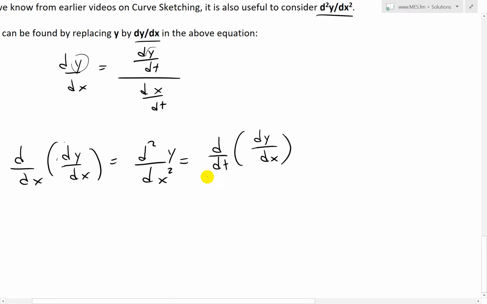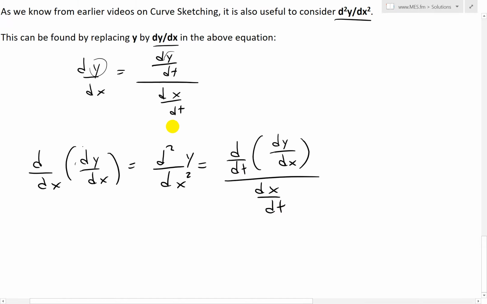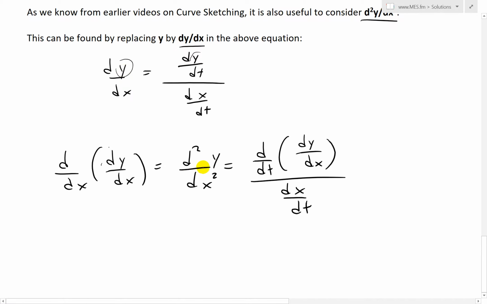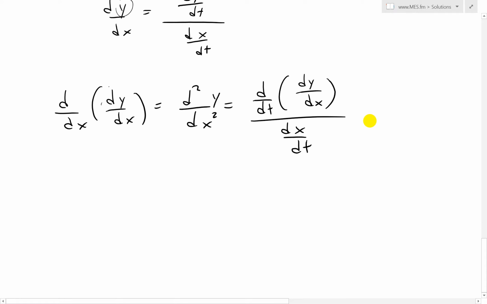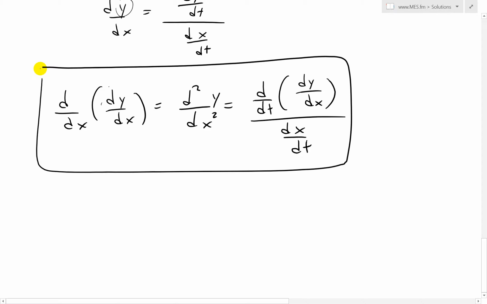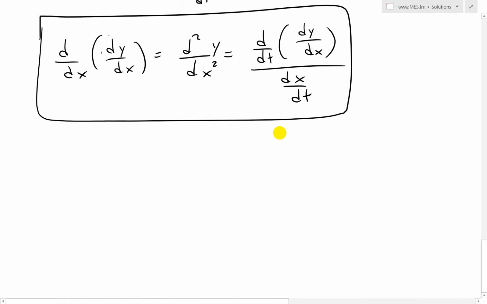So we're taking a second derivative, and the bottom just remains the same, because the only thing that changes is this y. We just plug in dy over dx inside y.